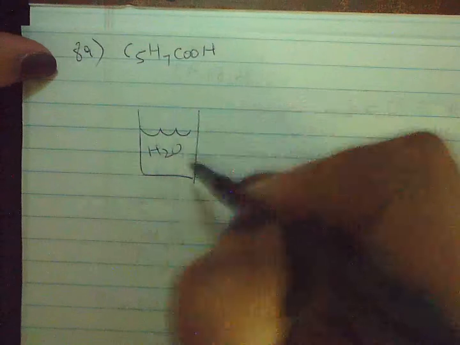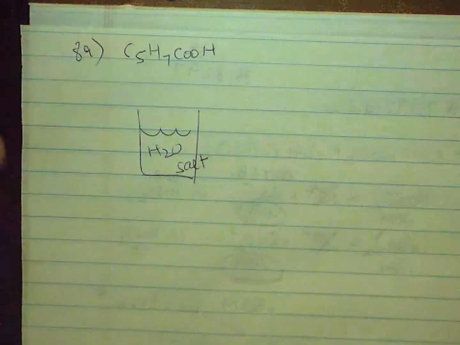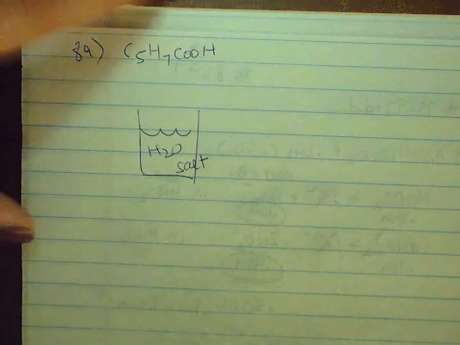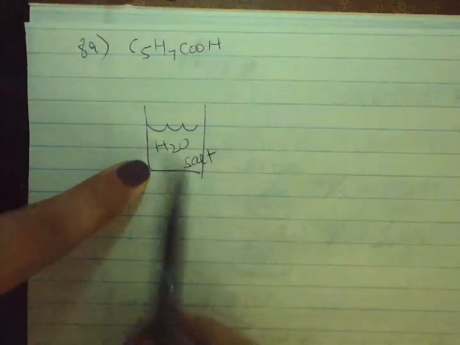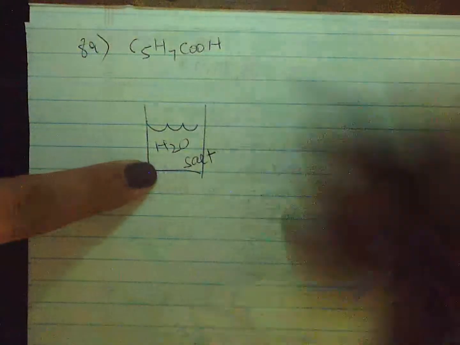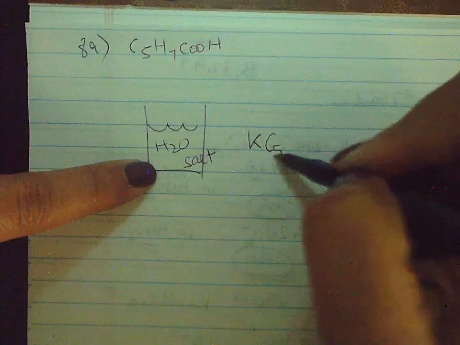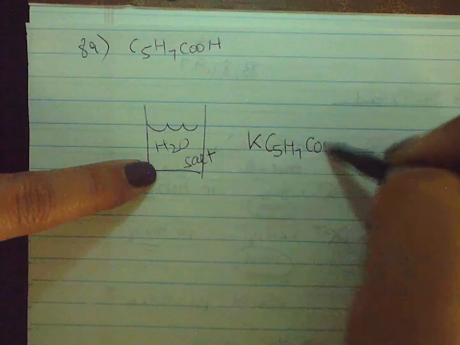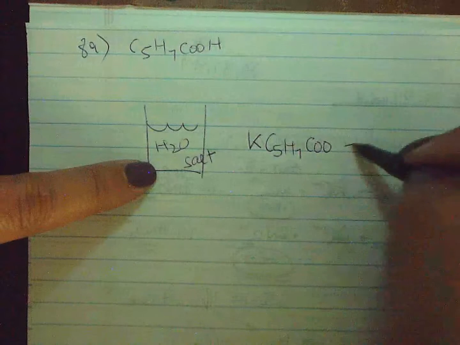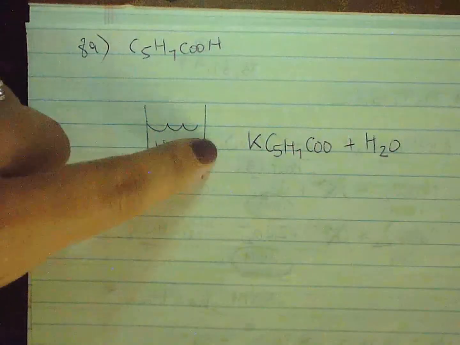All right, well, think about what's in the beaker. What's in my beaker? Water and this salt, right? They're not putting the acid in, it's just the salt. So write a reaction between these two substances. What's the formula for potassium sorbate? It's going to be KC5H7COO plus H2O. And in all actuality, no one really cares about the potassium.